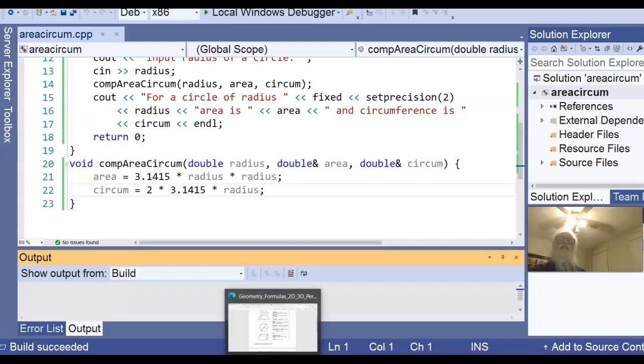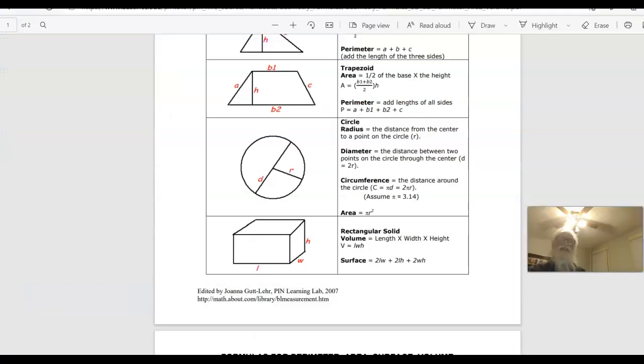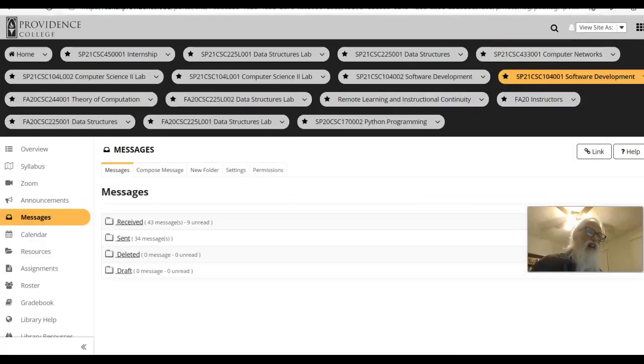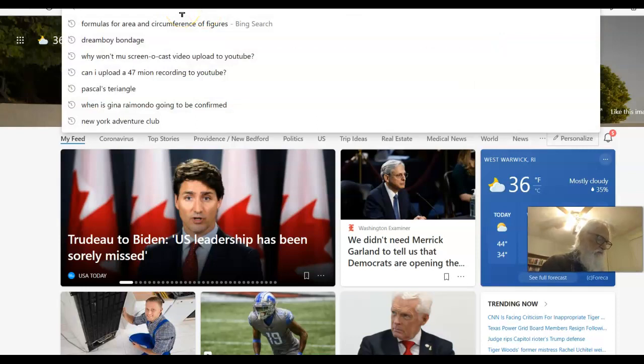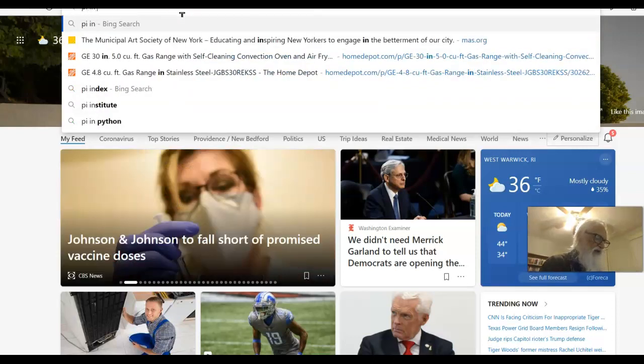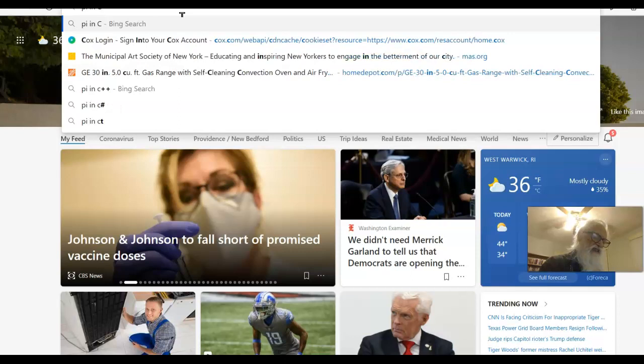So does C++ have a close approximation to pi? The easiest way to find out is to search for it, so let me close this and go here and say pi in C++.